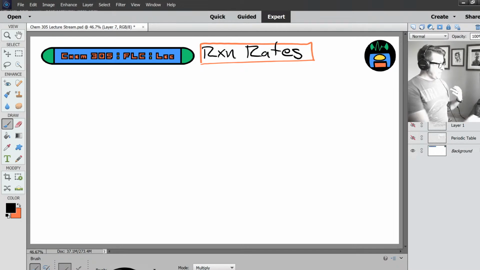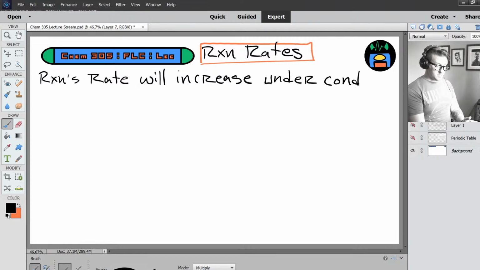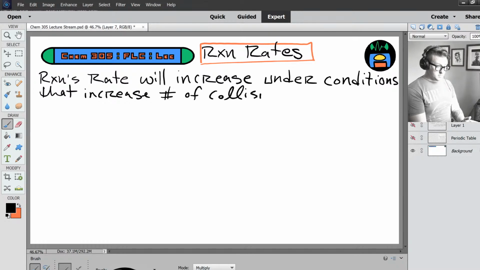When you think about increasing rates, a reaction's rate, its speed, will increase under conditions that increase the number of collisions that are occurring.